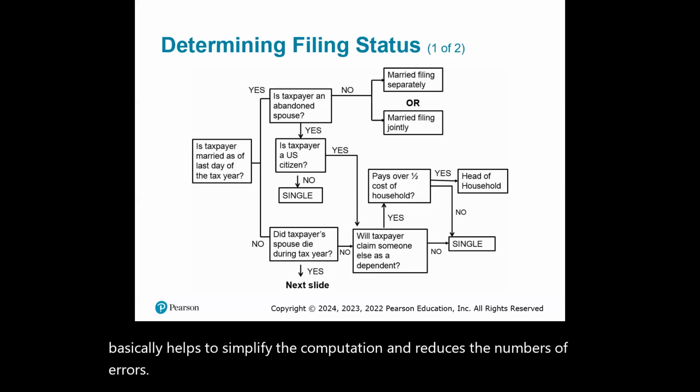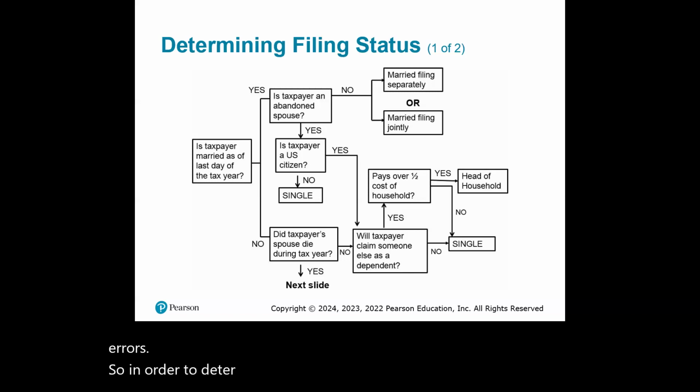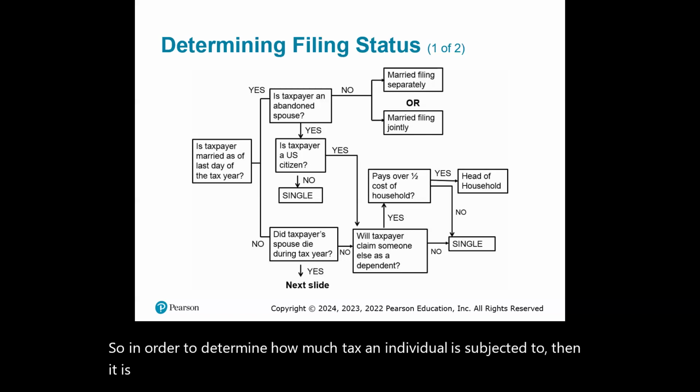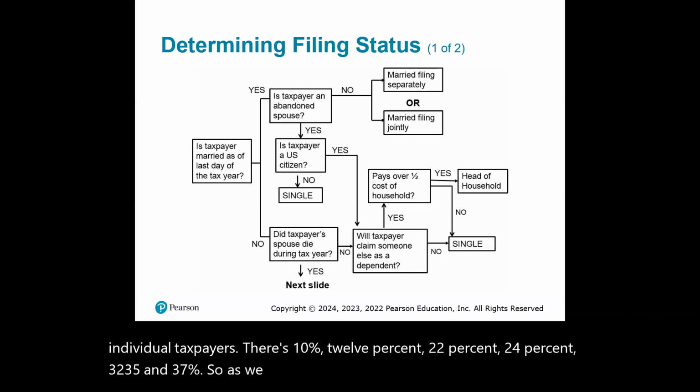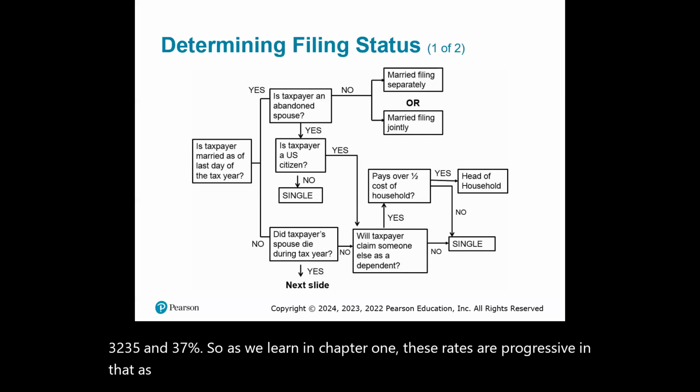So in order to determine how much tax an individual is subjected to, it is based on filing status. So there are 7 tax brackets applicable to individual taxpayers. There's 10%, 12%, 22%, 24%, 32%, 35%, and 37%. So as we learned in chapter 1, these rates are progressive in that as taxable income increases, the taxpayer moves into a higher tax bracket.